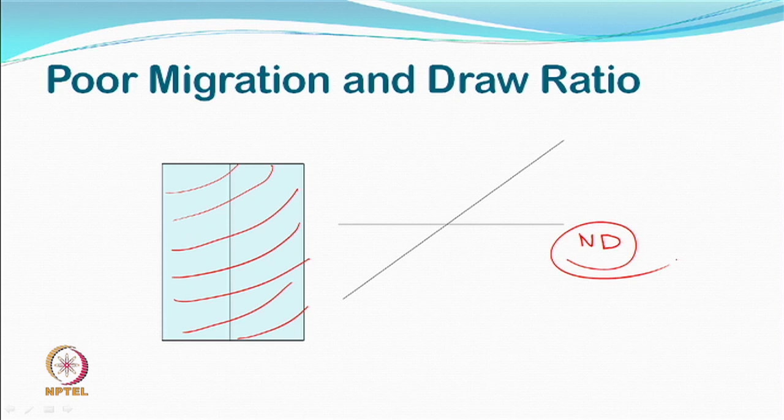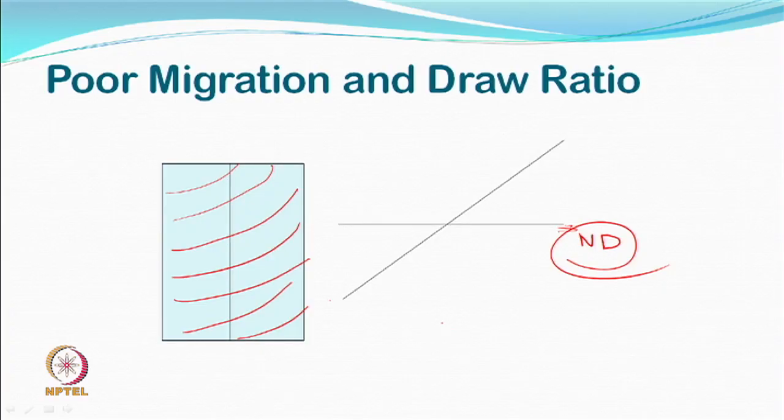So, what happens? If this is the normal draw value, then some of them will be overdrawn, some will be underdrawn. The ones which are underdrawn, when you finally extend them, may draw later or break at a higher extension value. So, whenever all the filaments are not taking or sharing the load properly, then the overall registered tenacity becomes low, other than the problem that you see.